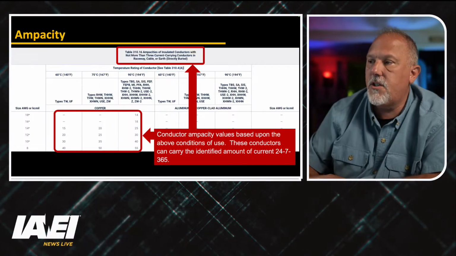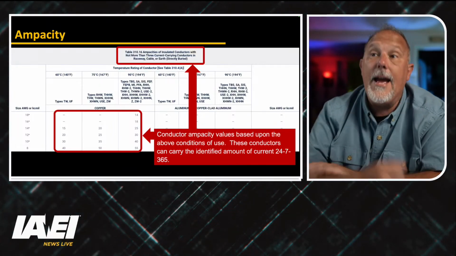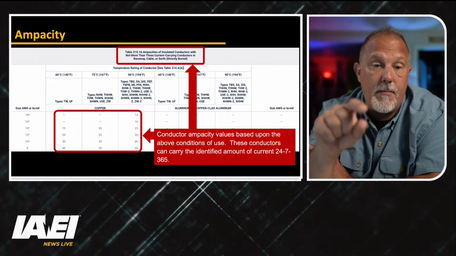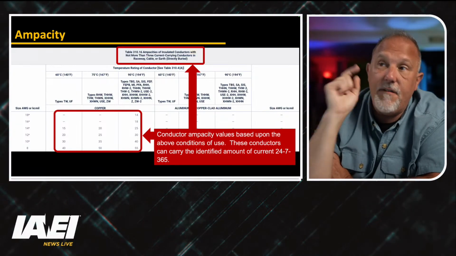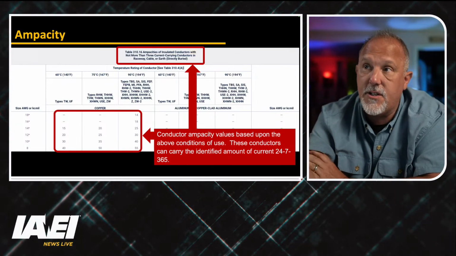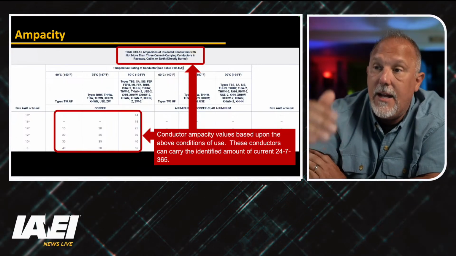There's our conditions of use. So those ampacity values are based upon, and that's an important thing to remember, the values in this table, if I have no more than 3 current carrying conductors in a raceway, and an ambient of 86 degrees Fahrenheit.